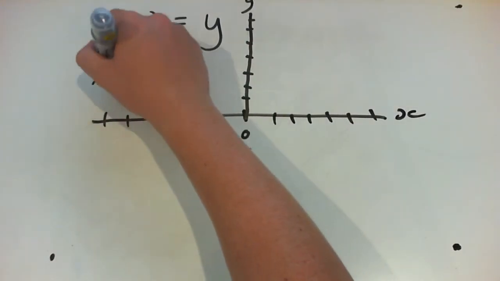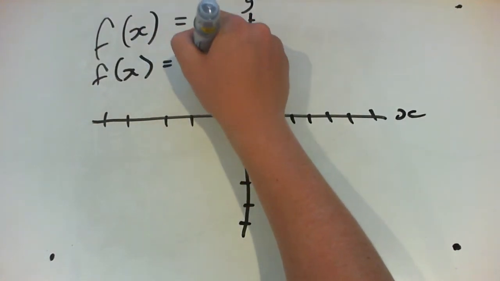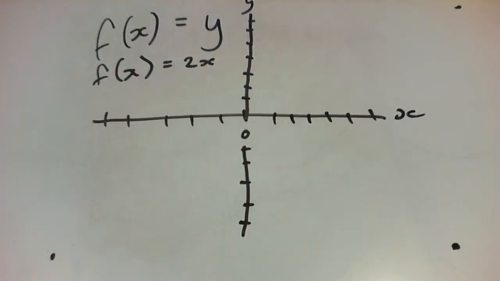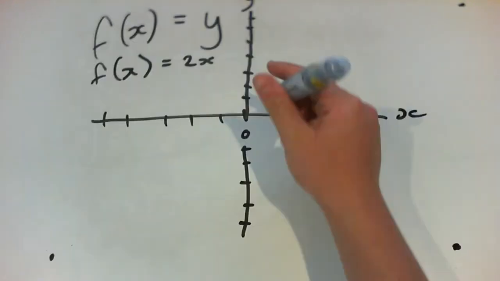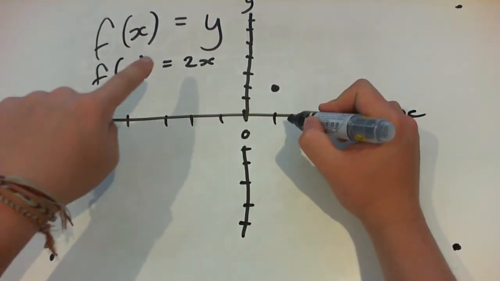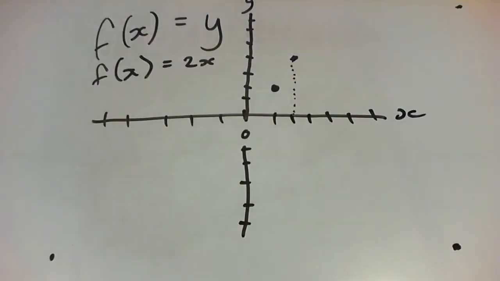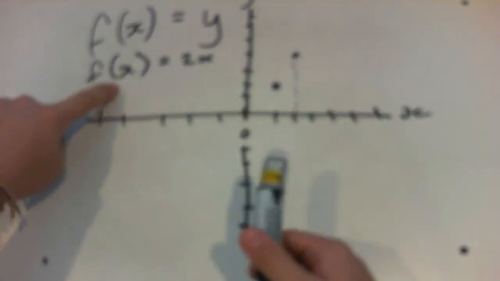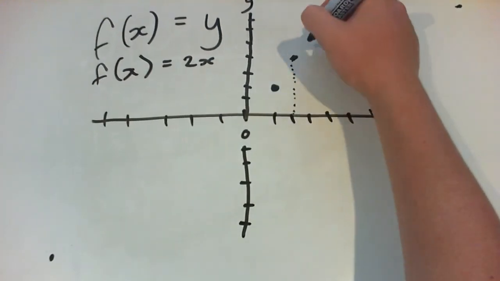So if we have the function f of x equals 2x, when we put 1 into here, we get 2. And when we put 2 into here, we get 4. And when we put 3, the next input, into here, we get 6.